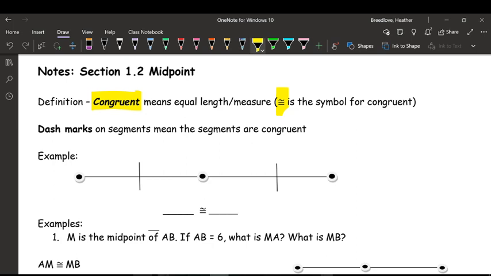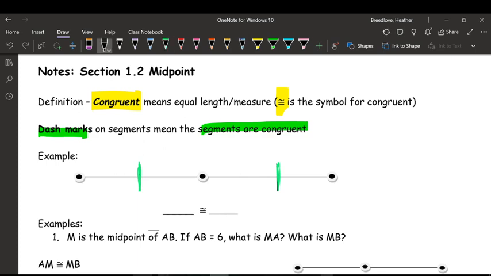So dash marks, segments are congruent. So if these lines are on a line segment, those two pieces are equal to each other.